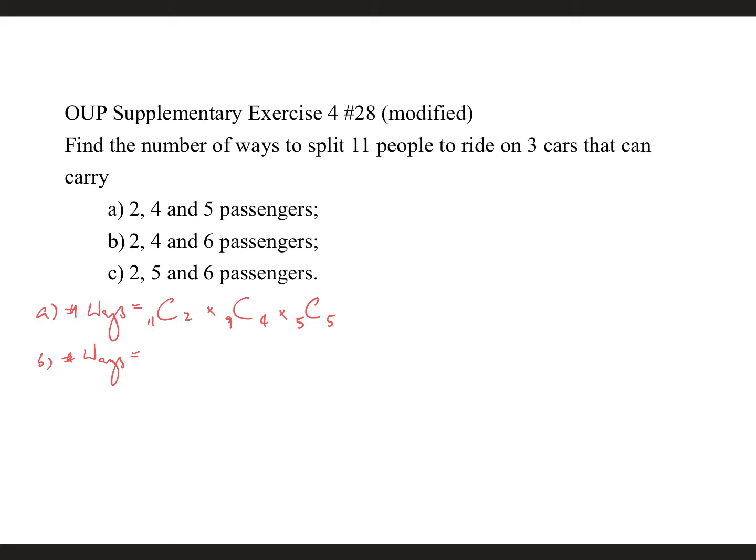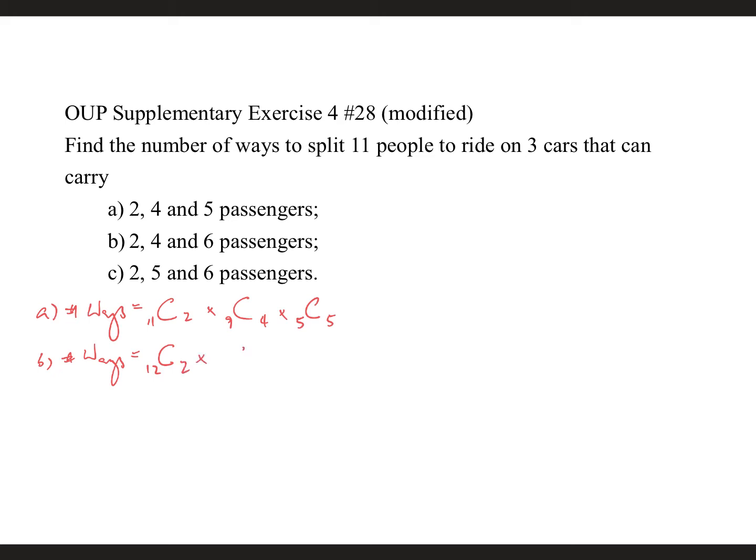Now for part B, the number of ways equals to, now this is interesting. Now we cannot fill all the cars, and you notice that there is 1 empty seat. So how do we think about this one? In fact, we can think of the empty seat as an invisible person. So if we have an invisible person, we choose 2 of them from the 12 people.